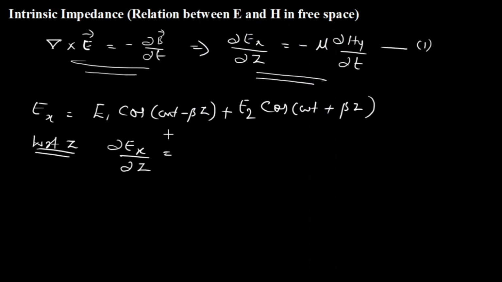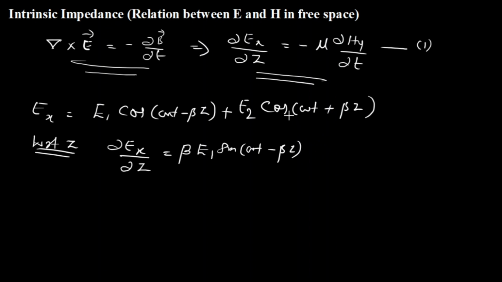If I find the partial differential with respect to z, the derivative of cos is minus sine, multiplied by minus beta, so minus minus becomes plus. The first term becomes beta E1 sin(omega t minus beta z), plus the second term E2 cos(omega t plus beta z).